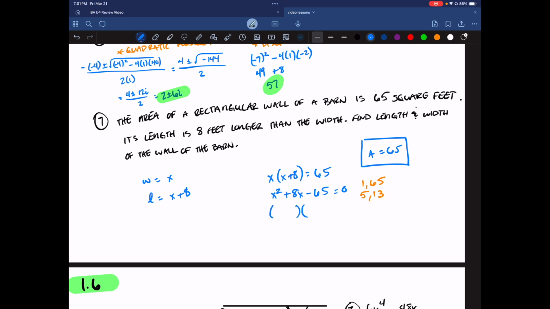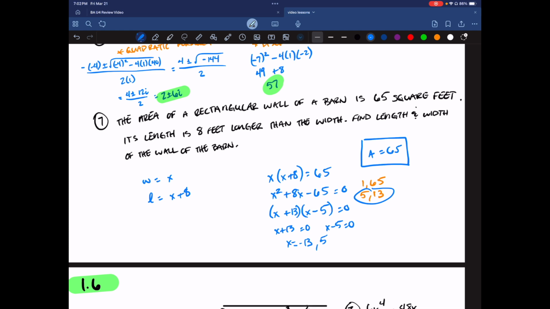So I got (x )(x ). My second sign is negative, so I'm going to have one of each sign. And then the bigger of the two factors is going to get the sign of the middle term. So this is going to be plus 13, minus 5, equals 0. And I have to keep going one step further: x plus 13 equals 0, x minus 5 equals 0. And then that's going to give me x equals -13 and positive 5.